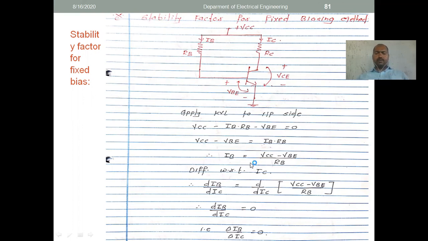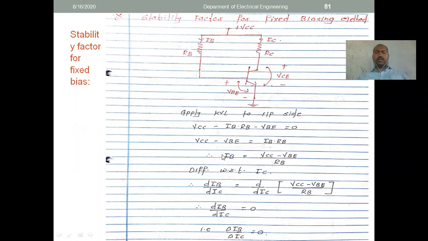We know that another factor with respect to stability is the ratio of the rate of change of collector current with respect to the rate of change of collector leakage current, that is, delta IC divided by delta ICO. So we differentiate the same with respect to IC.